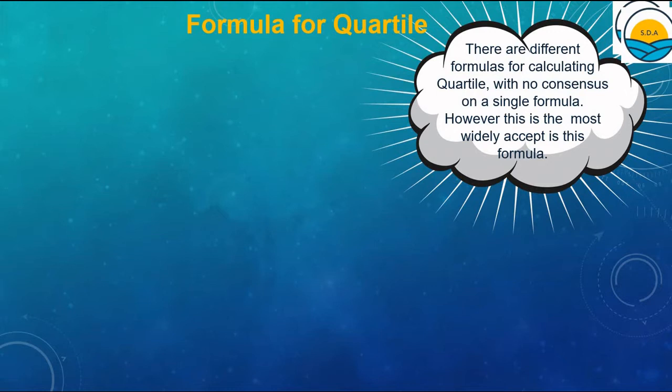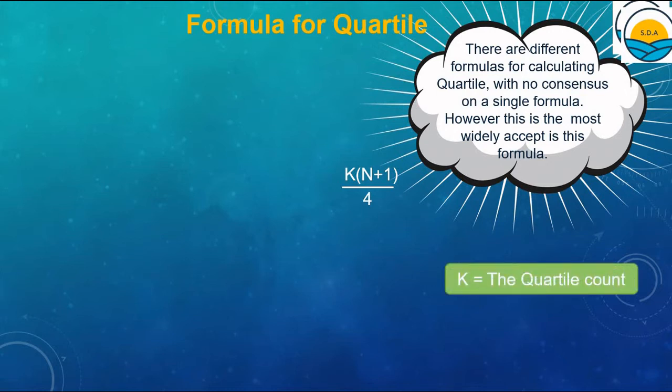So the general formula to find out quartile can be defined as K multiplied by n plus 1 upon 4, where K is the quartile count, N is the count of values.